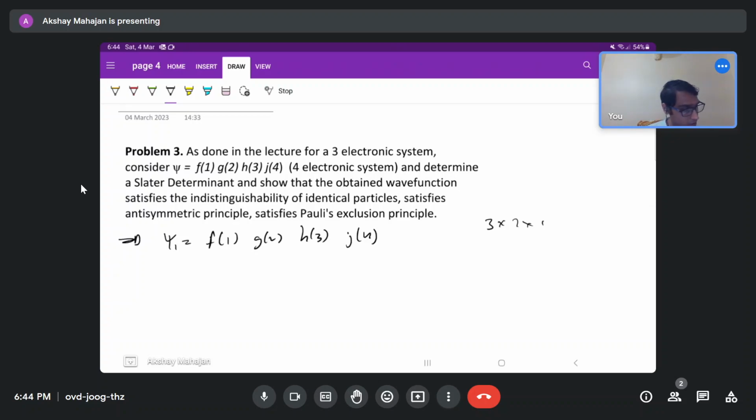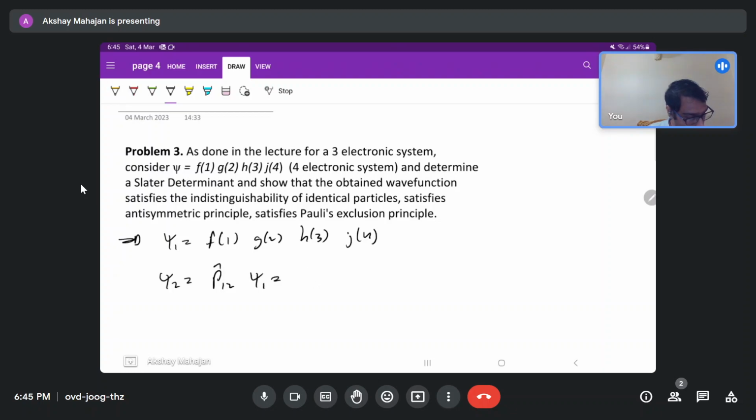For example, another combination could be, I can apply the permutation of 1 and 2 on this psi 1. So the permutation of 1 and 2 on psi 1, what will happen?